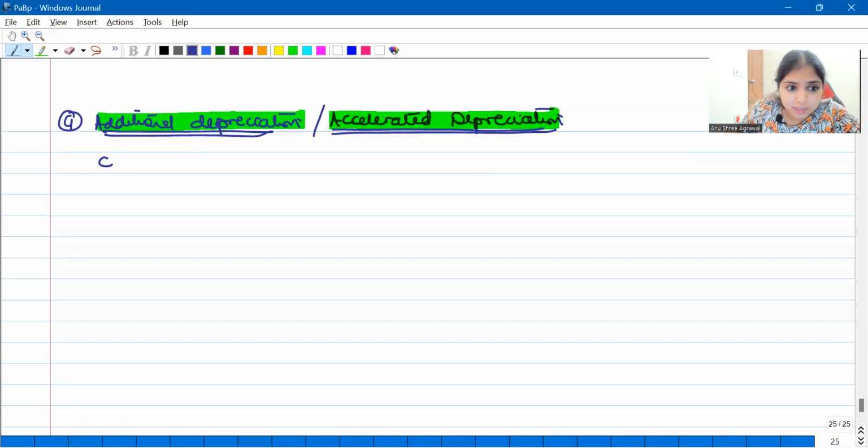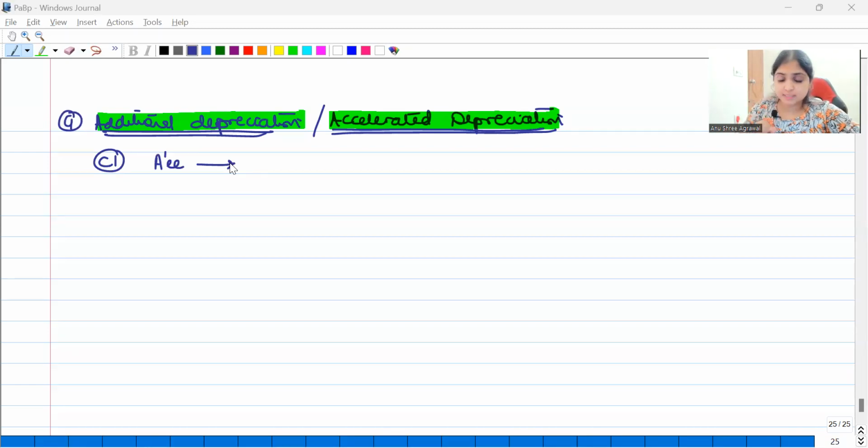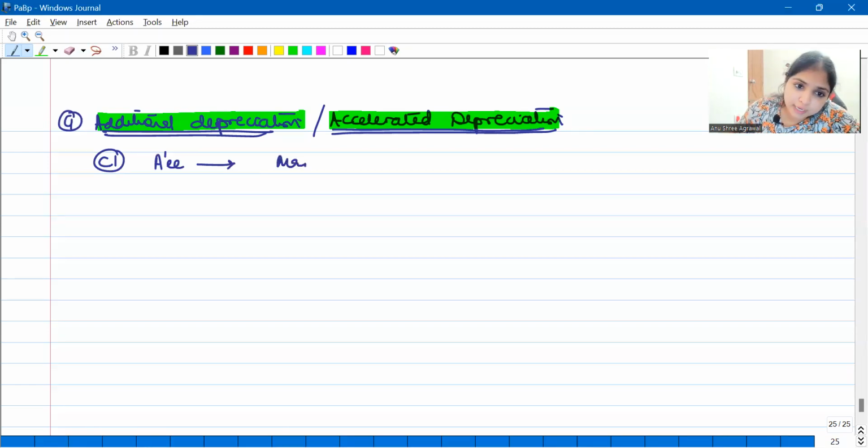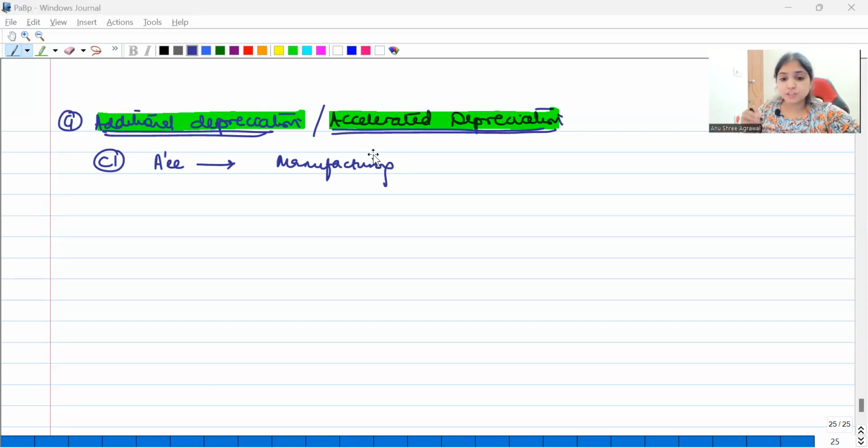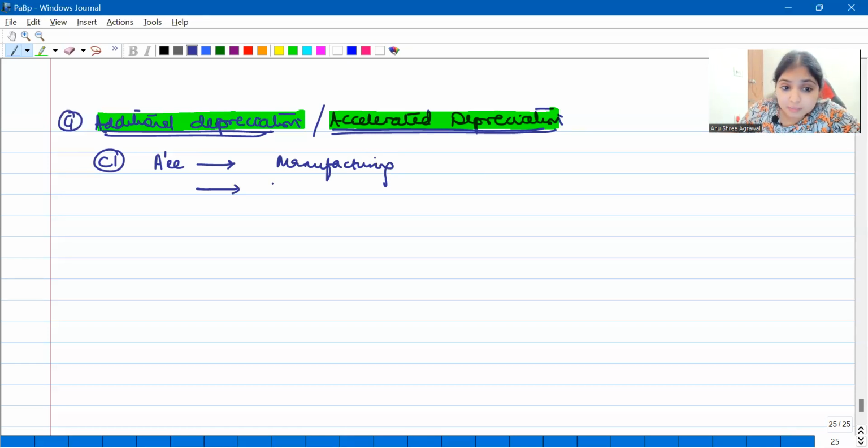Listen, condition number one, the assessee should be into some specific businesses. Either he should be into the manufacturing business, meaning manufacturing of goods, or he should be in the business of generation, transmission or distribution of power, which means the electricity business.